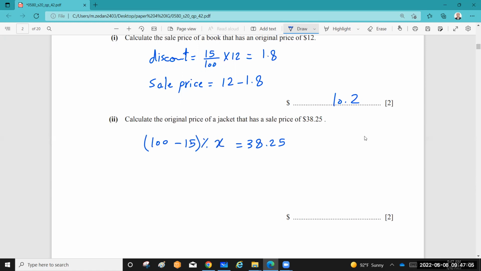Of the original price, x, gives you 38.25. This is a simple equation. 100 minus 15 is 85, so you have 0.85x, where x is the original price of the jacket. 0.85x is equal to 38.25. By dividing each side by 0.85, you will get the original price of the jacket. It was $45.